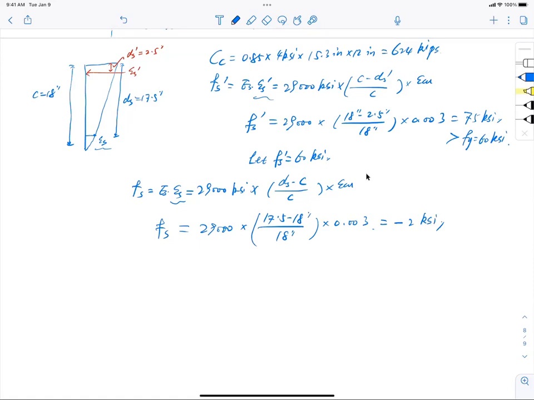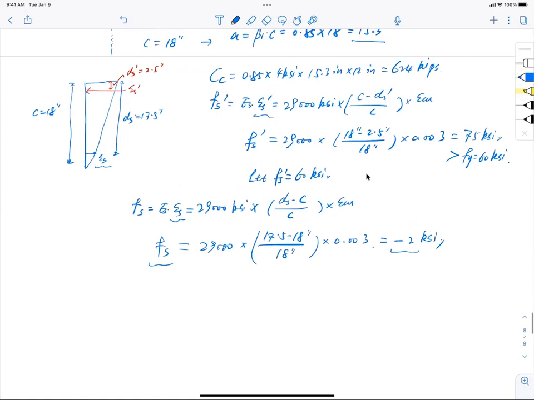Oops, what do you mean by negative 2 KSI? Well, the tensile stress for the steel is supposed to be positive, but you actually find out it's negative. That means it coincides with what we said before. The stress in the tensile reinforcement in this case is actually compression, because there's a negative sign in front of it.